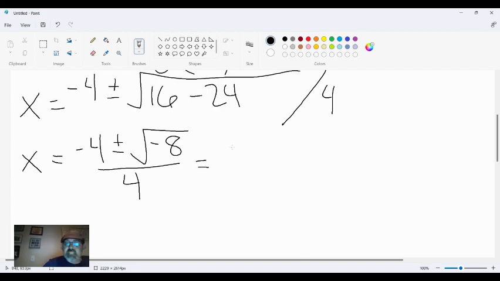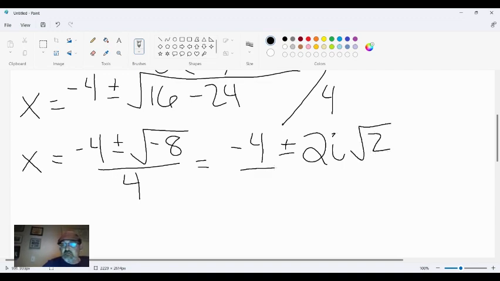We can keep on going and say this is a negative 4 plus or minus 2i root 2, all over 4.